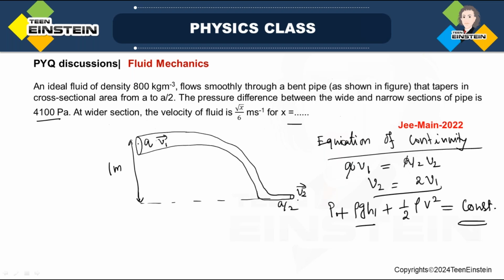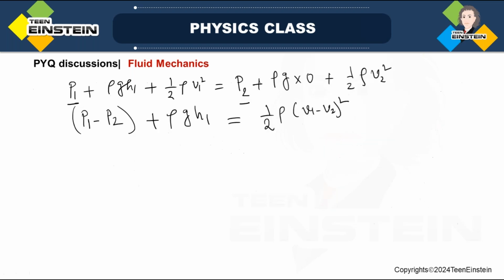Okay, so what is v2? v2 is 2v1. Let me write in terms of v1. Then I get v1 minus 2v1 whole square. So on this side, then I can write v1 square is equal to 2 by rho whole into this. This is P1 minus P2, that is given, the pressure difference, 800 kg per meter cube.